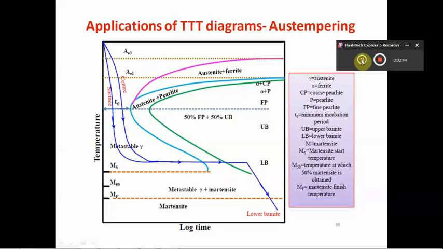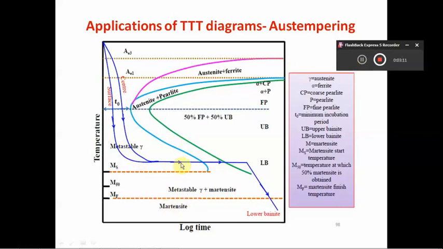Depending upon the temperature of transformation, the product may be upper bainite. The most important advantage of Austempering is that it produces structure and properties very similar to tempered martensite without involving martensitic transformation. As you can see here, there is no martensite formed.